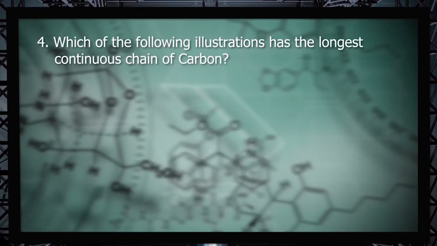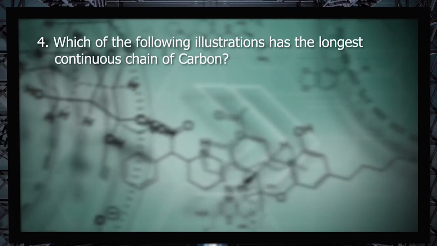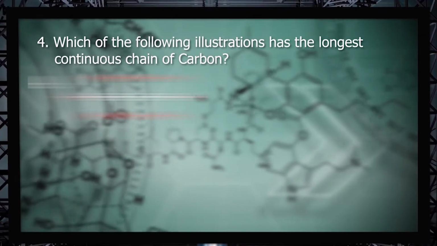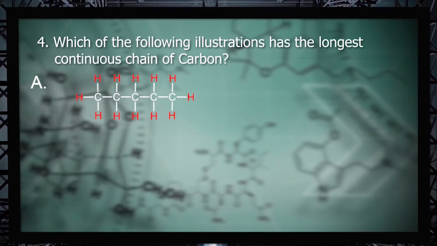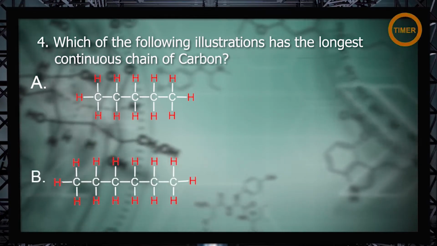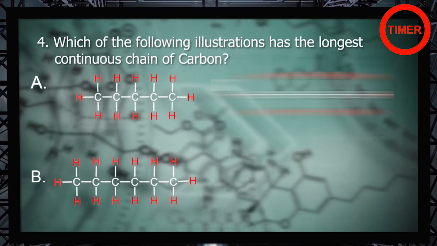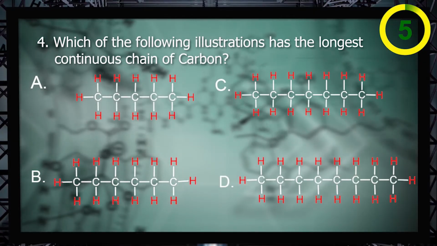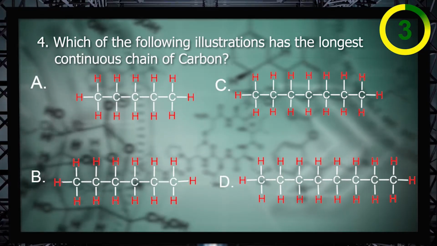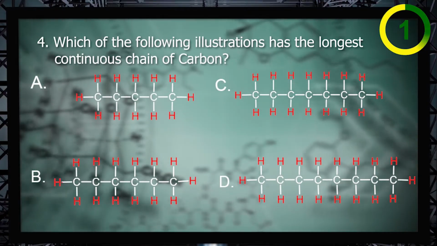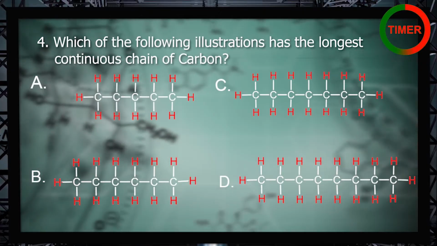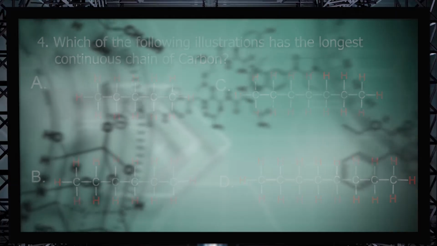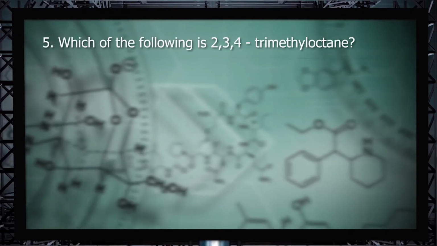Number 4. Which of the following illustrations has the longest continuous chain of carbon? A, B, C, and D. Number 5.